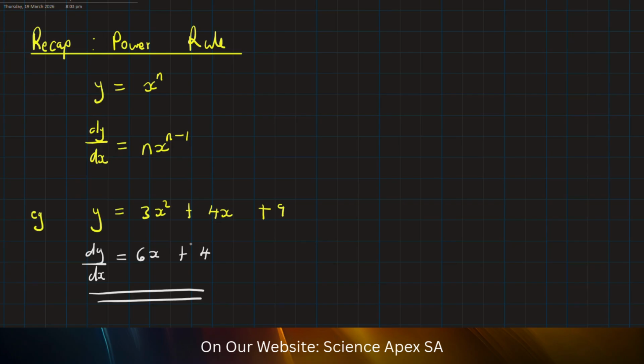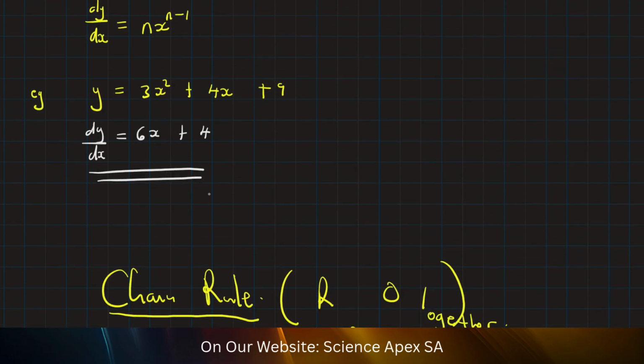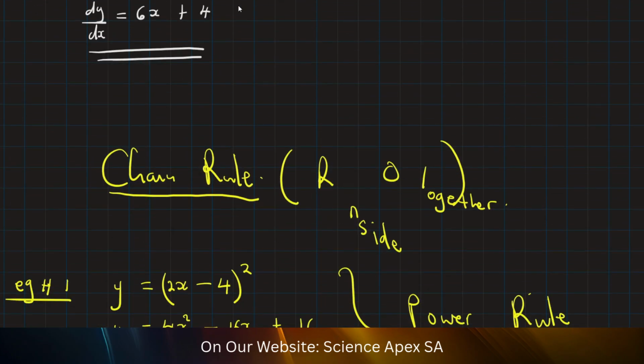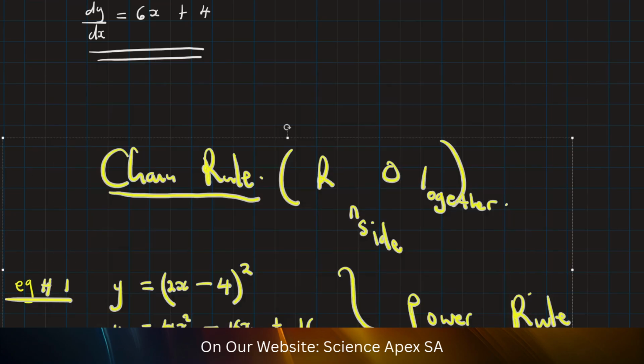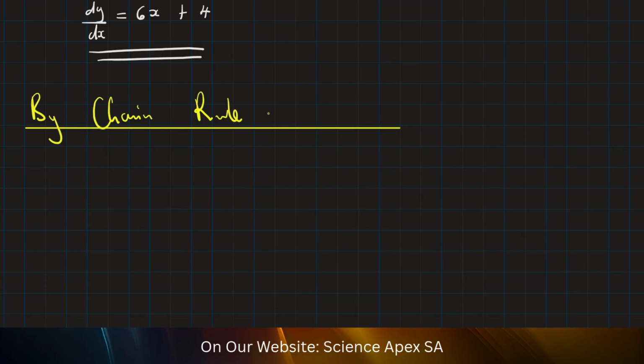But the next question is, we want to do differentiation by chain rule. So how do we do differentiation by chain rule? Personally, I call chain rule by its acronym.